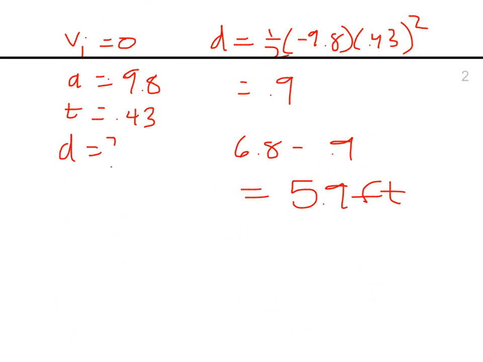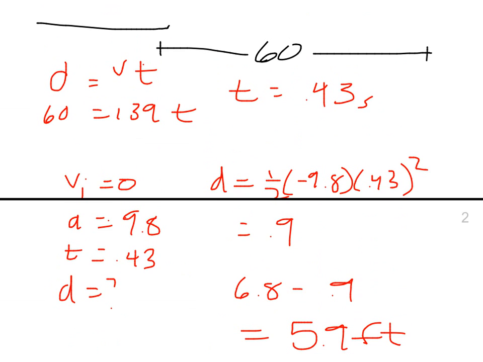So the 0.43 seconds is correct. Did I forget to square something? 0.43 squared times 9.8 divided by 2. I don't know.